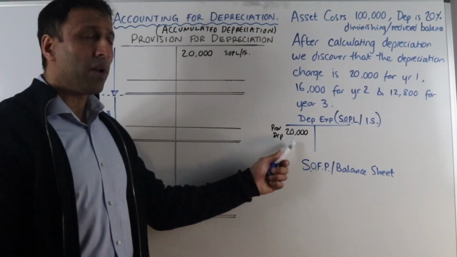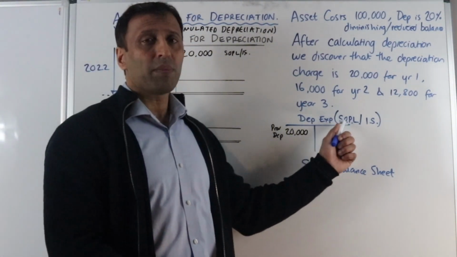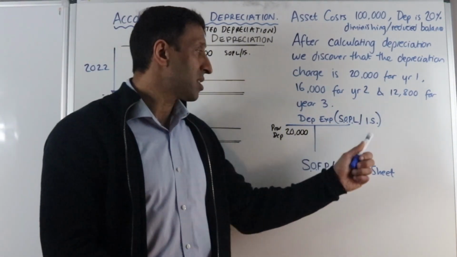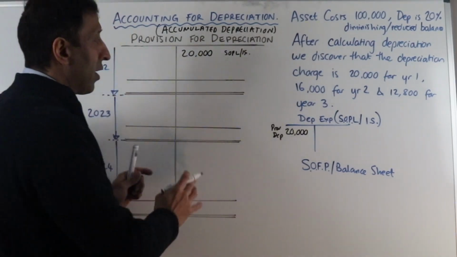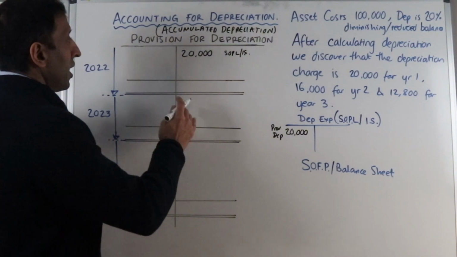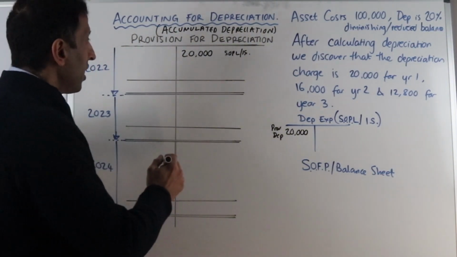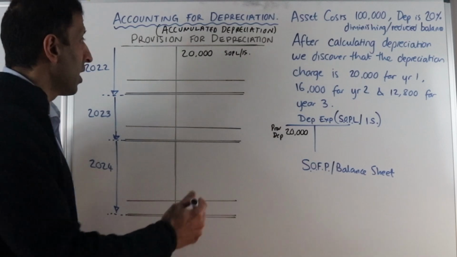And this account, the expense account, will provide the number that goes in the statement of profit and loss or the income statement. So that's the expense for depreciation. Now this account is for accumulating all the depreciations for each year. Now if that's the only entry in this year, we balance the account off. Hopefully you've seen the video on how to balance accounts.